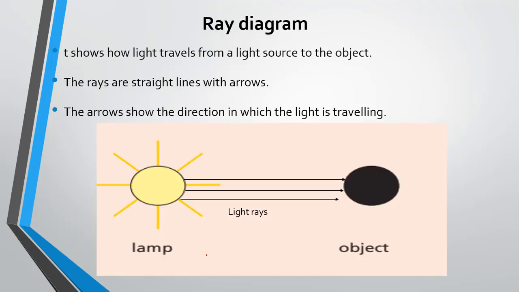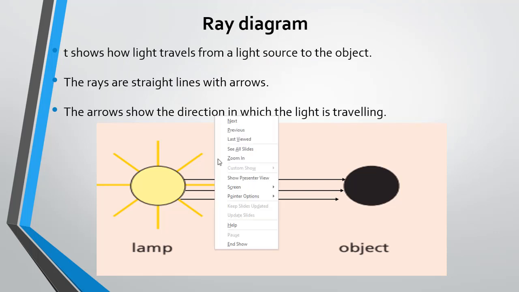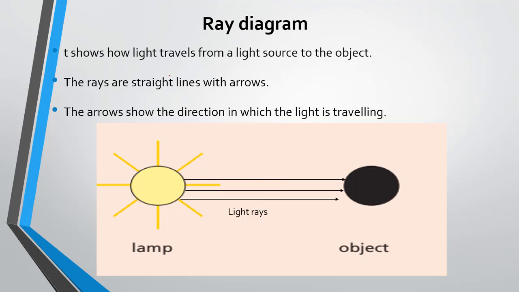A ray diagram shows how light travels from a light source to the object. So the rays are straight lines with arrows.